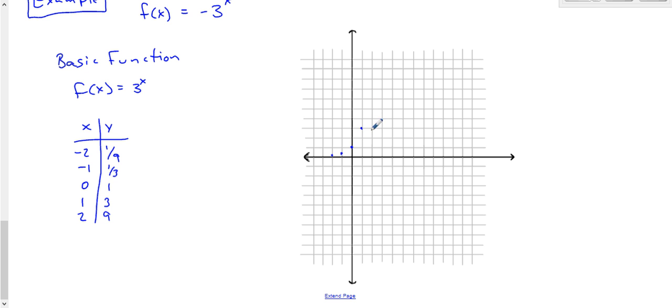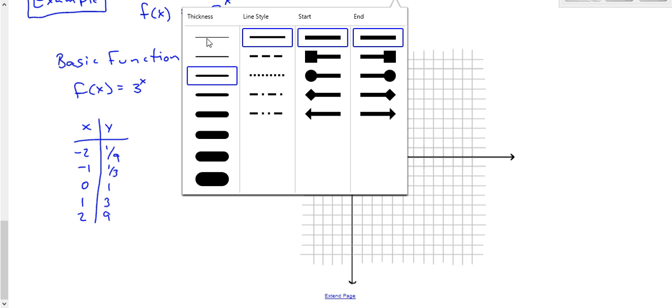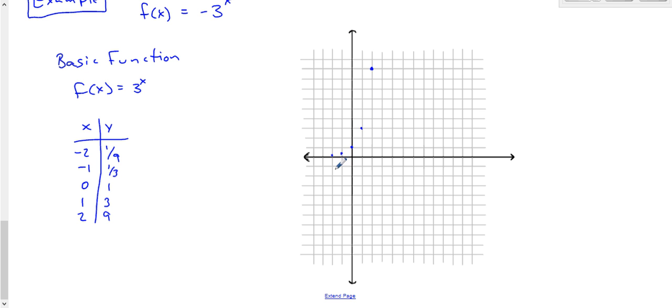So let me graph these points, 2 and then 3, 6, 9. So what I'm going to do is just reflect these across the x-axis. Okay? So instead of being positive 1/9, I'm going to be negative 1/9, negative 1/3, negative 1, negative 3, and negative 9.